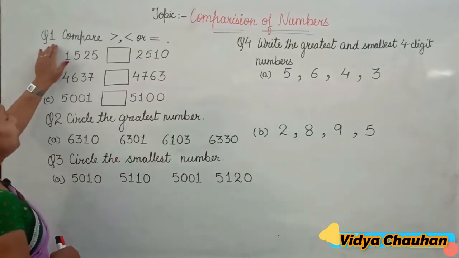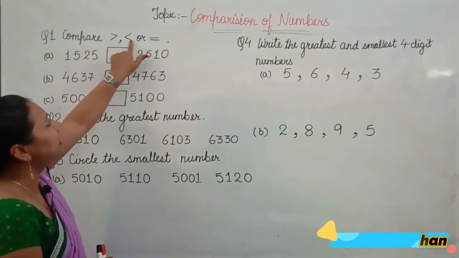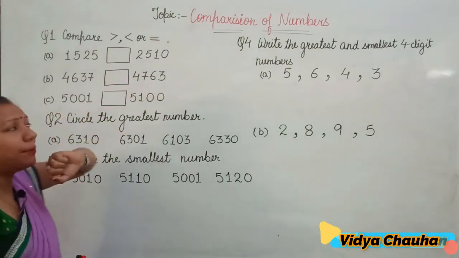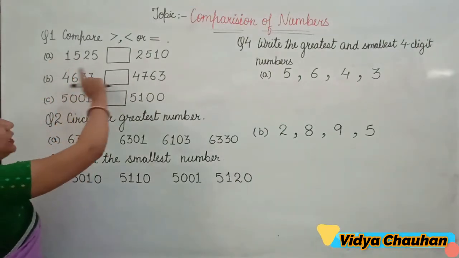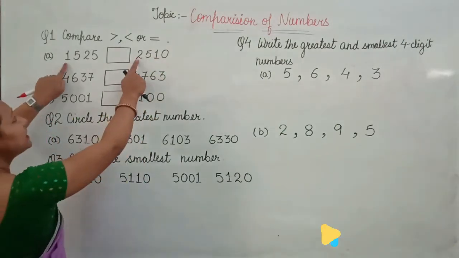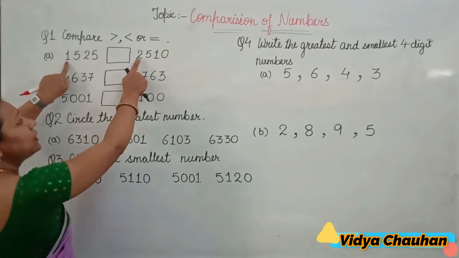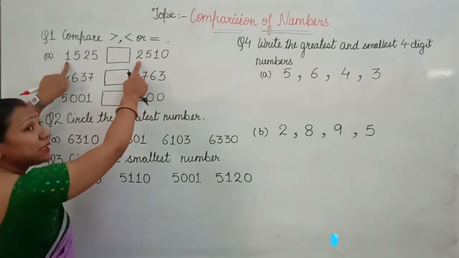Now, as you can see, the first question: compare, and you have to put the sign of greater than, less than or equal to by comparing the numbers. In the first, the numbers are 1525 and 2510. If I compare the first digits, the digit at 1000 place here is 1 and the digit at 1000 place in the next number is 2. Which value is greater?